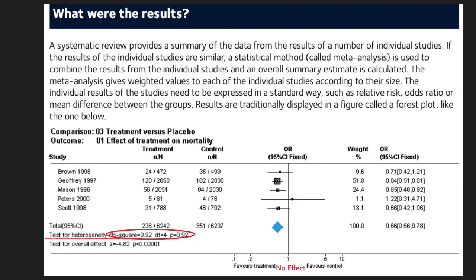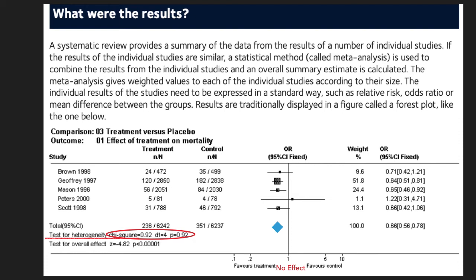Then we will see those lines, the forest plot. In the forest plot, we can see this rectangle, okay? If the rectangle is large, then the weight is good and the effect size is good or large, like this study. If we have a small rectangle, then the weight is small and the effect size is small.